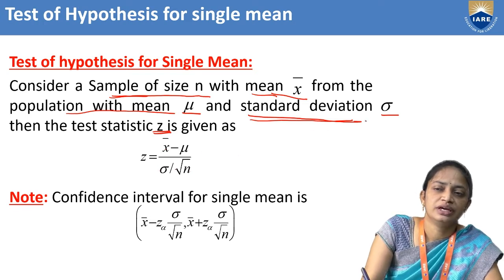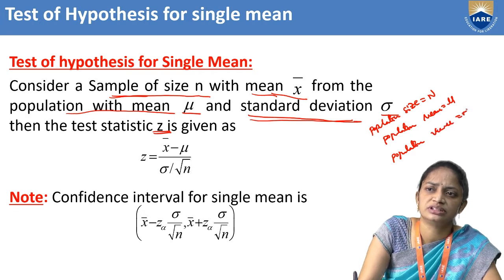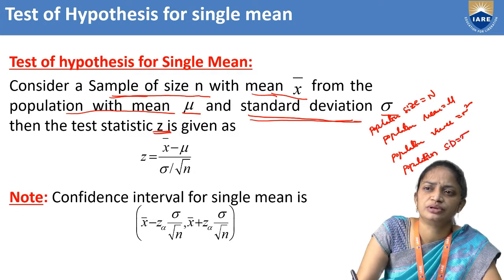First, remember these points. Population size is denoted with capital N, the population mean with mu, the population variance with sigma square, and the population standard deviation with sigma.